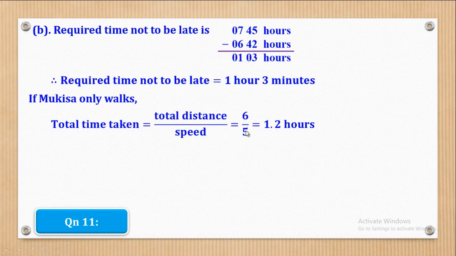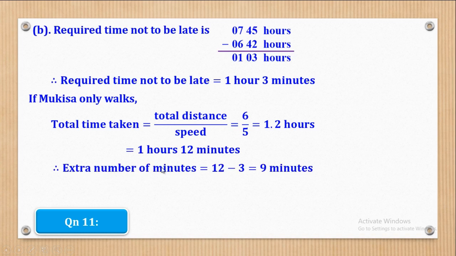So when I divide the 2, I'll come up with 1.2 hours. So that 1.2 hours is the same as 1 hour and 12 minutes. Therefore, the extra number of minutes will be got by this 1 hour and this 1 hour cancel, so remain with here 3 minutes and here 12 minutes. So the remaining extra minutes will be 12 minus 3 to give you 9 minutes. So basically that's what they wanted in this part.